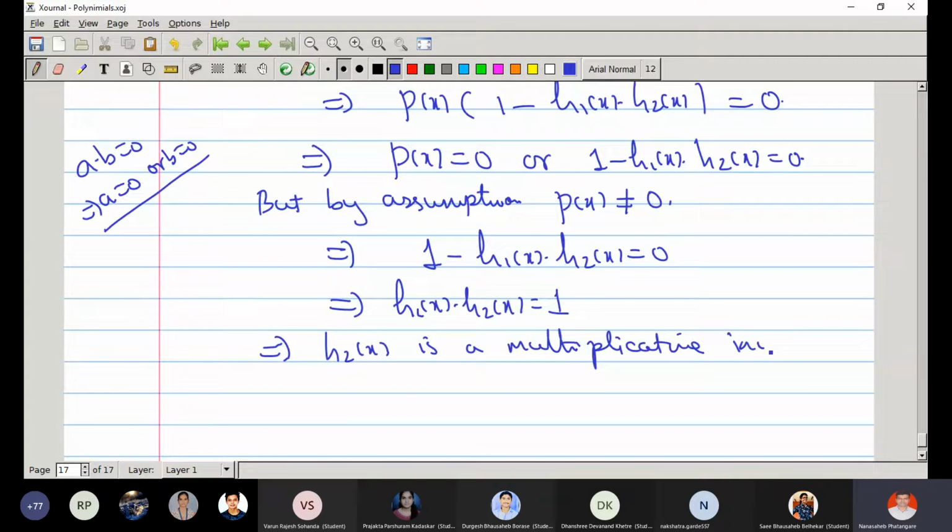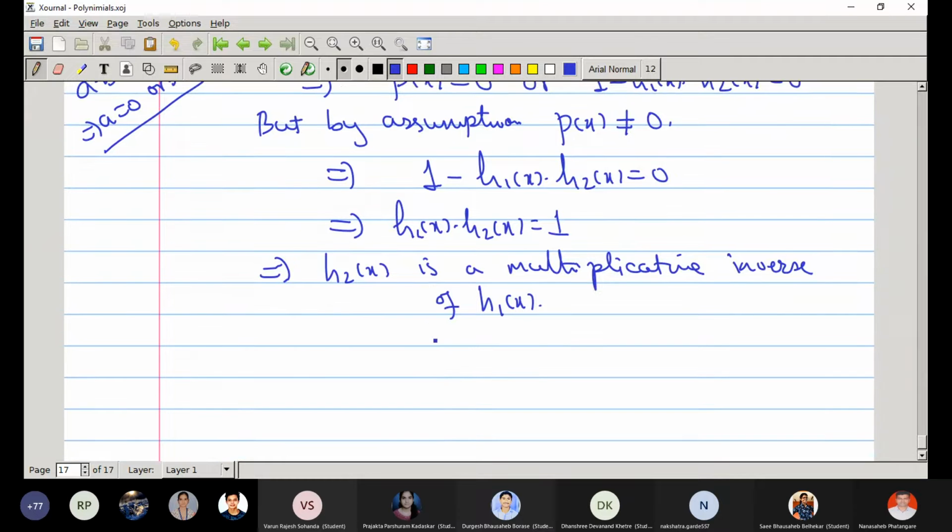So h2 is the multiplicative inverse of h1(x). But what can you say about multiplicative inverse of polynomials? Which polynomials have multiplicative inverse?